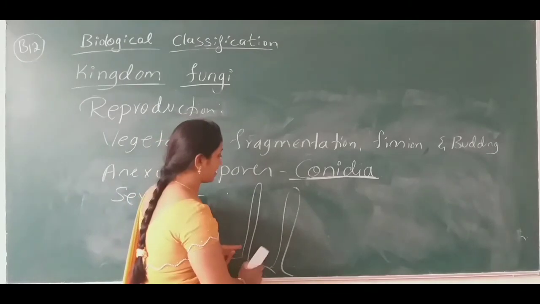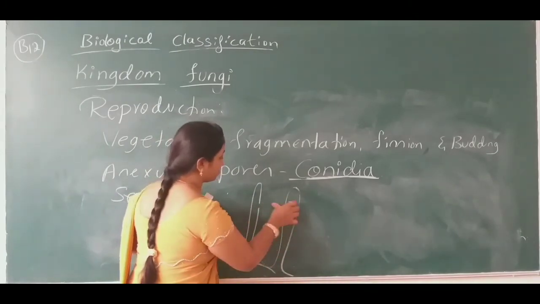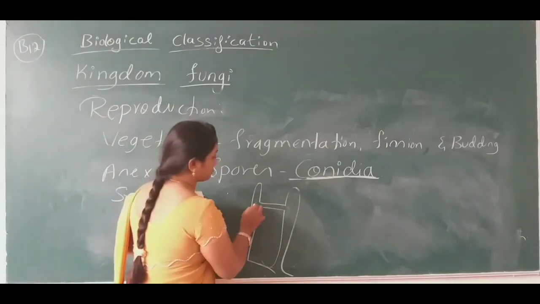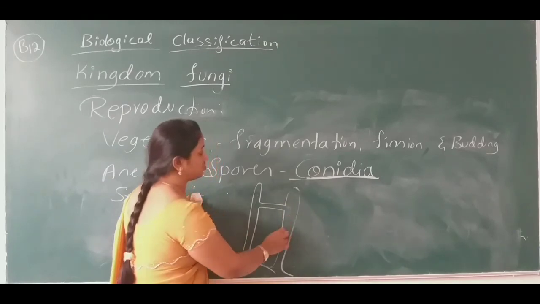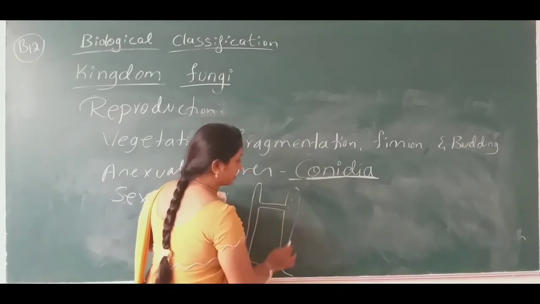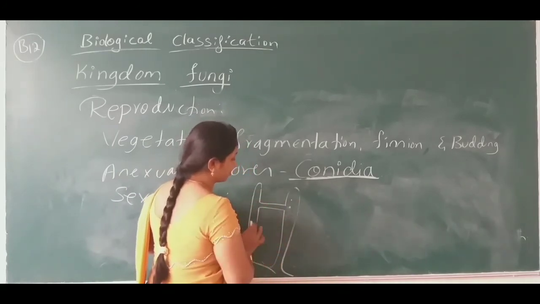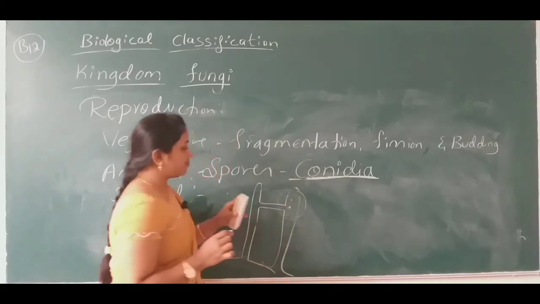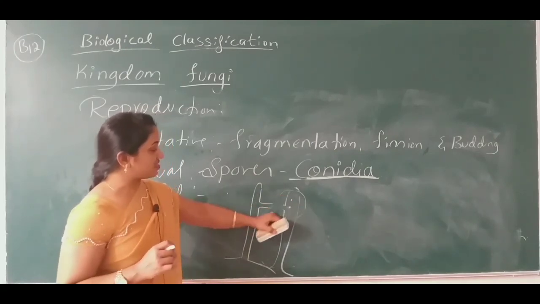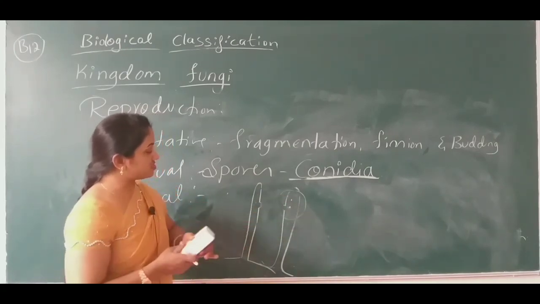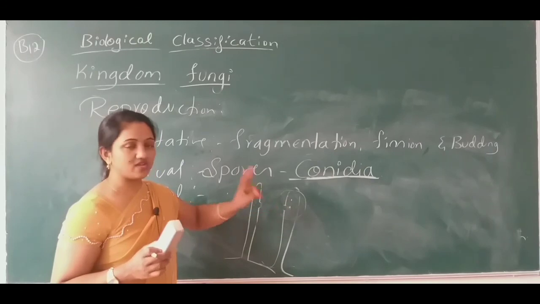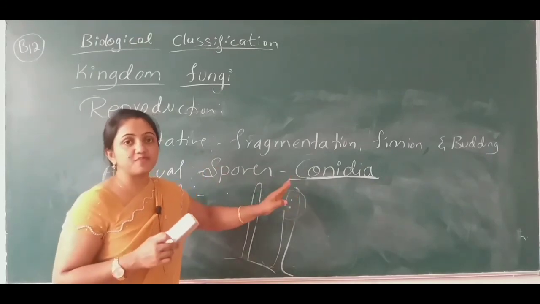The one hyphae and one more hyphae form a conjugation, a bridge-like structure. From here to here it passes the nucleus or the protoplasm, and when this particular hyphae receives one nucleus from the other hyphae, it becomes diploid now. After the passing of the nucleus, the bridge gets dissolved, and this hyphae now has two nuclei, or we can call it a diploid structure.